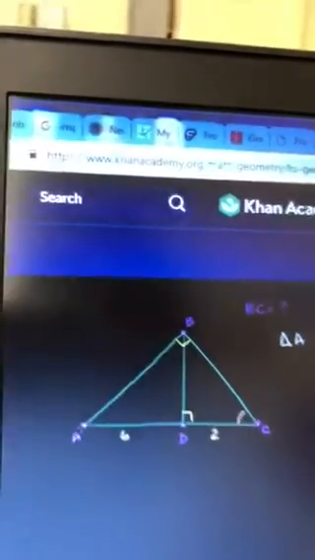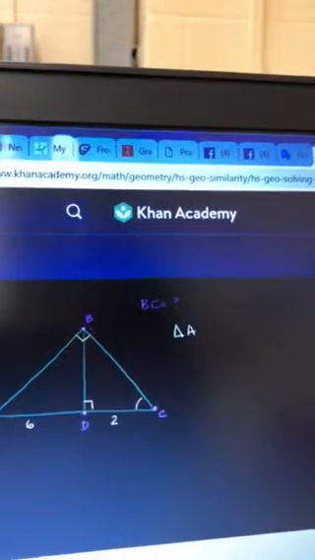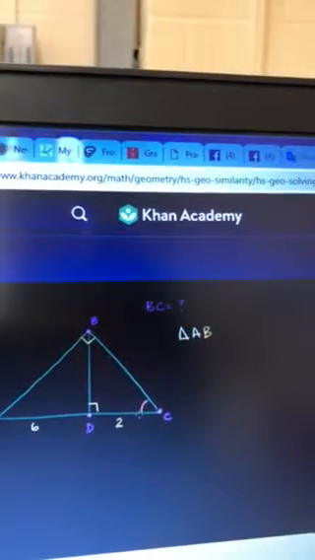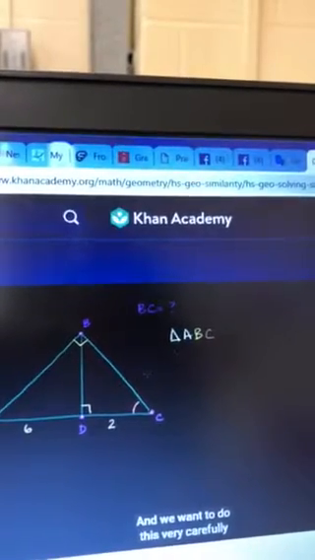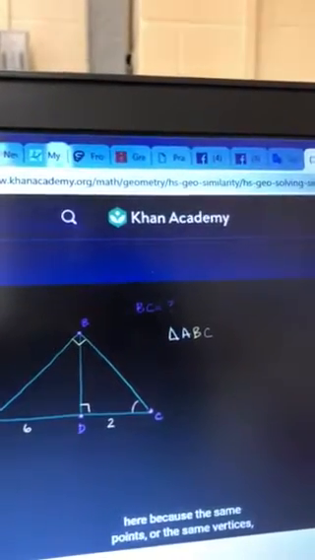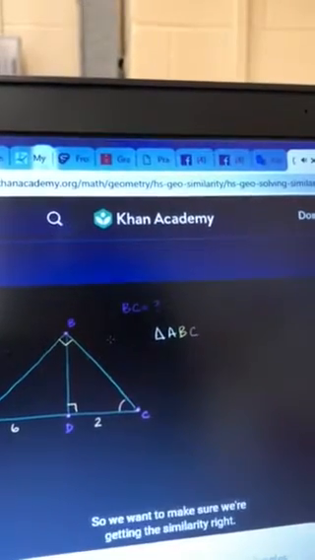Okay, what he's saying is that both the big triangle and the little triangle on the right, BDC, they both have angle C. So if they both have a right angle and angle C, then they're similar. 2 angles the same make similar triangles.